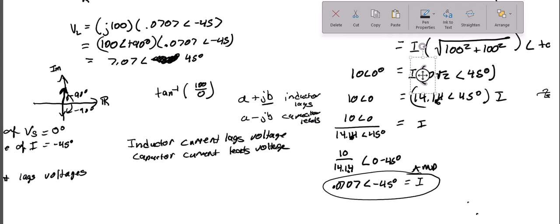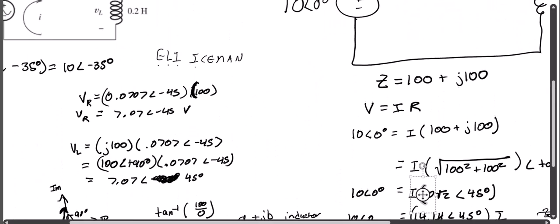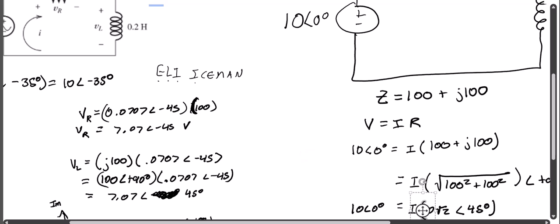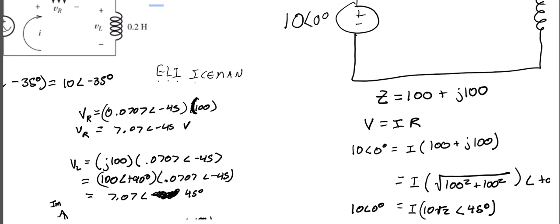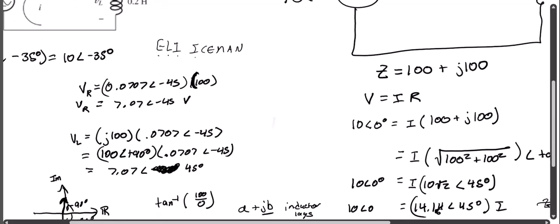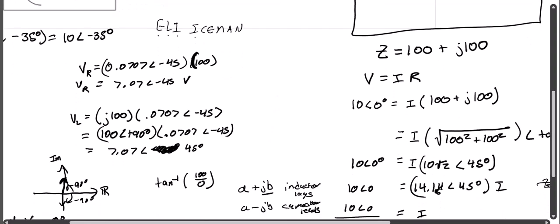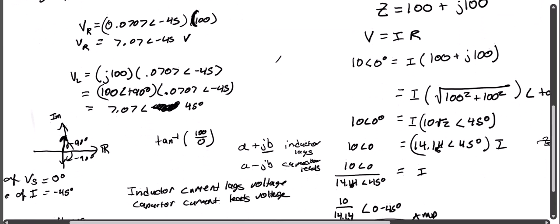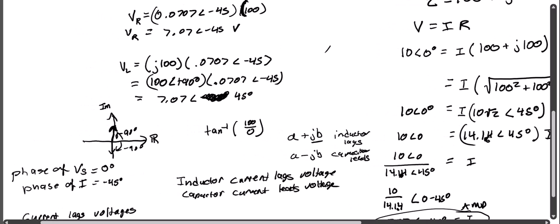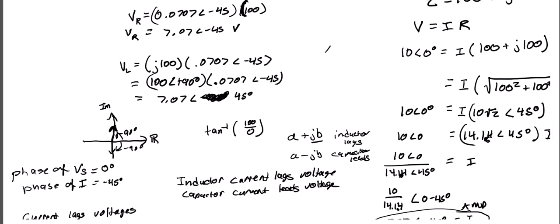I'm talking about the left side, the VL. How did you go from that to what was below it? No, I didn't use this.